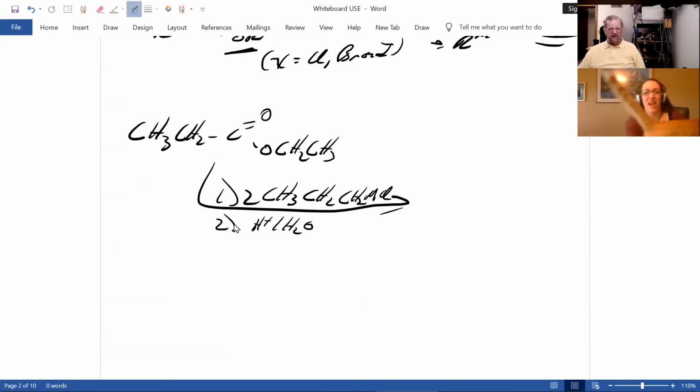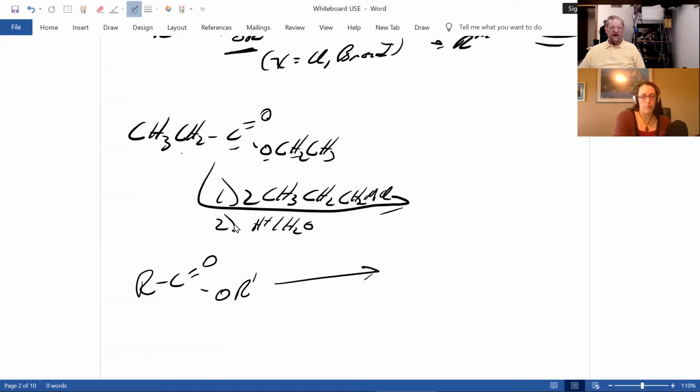All right, let's do it. What's different? We have oxygen double bonded to carbon. Same carbon has oxygen with carbons on it, carbons here. We have an ester. What are we reacting it with? Carbon, carbon, carbon, magnesium chloride.